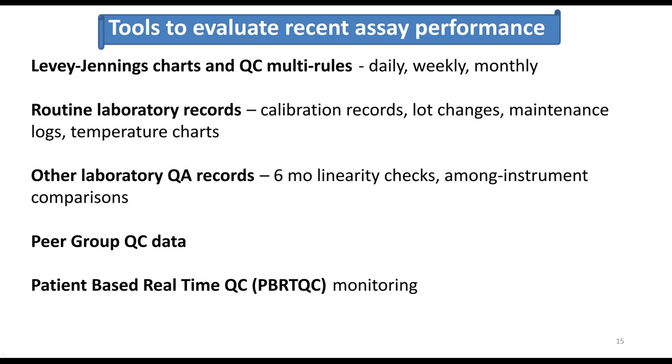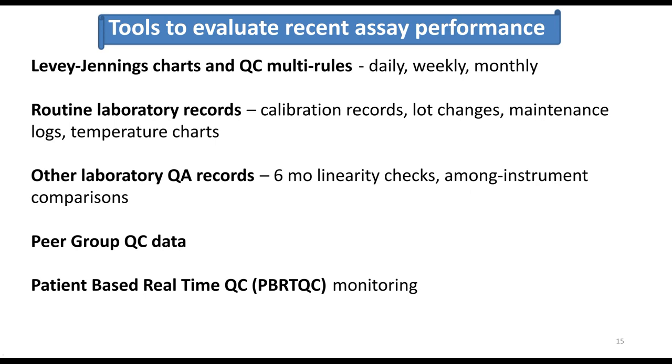The good news is that we do have tools to evaluate recent assay performance. So we can, again, look at Levy-Jennings charts and QC multi-rules. We can look at the performance of the assay and the different analyzers using the daily, weekly, and monthly QC results. We can look at routine laboratory records like calibration records, reagent and calibrator lot change records, maintenance logs, and temperature charts.